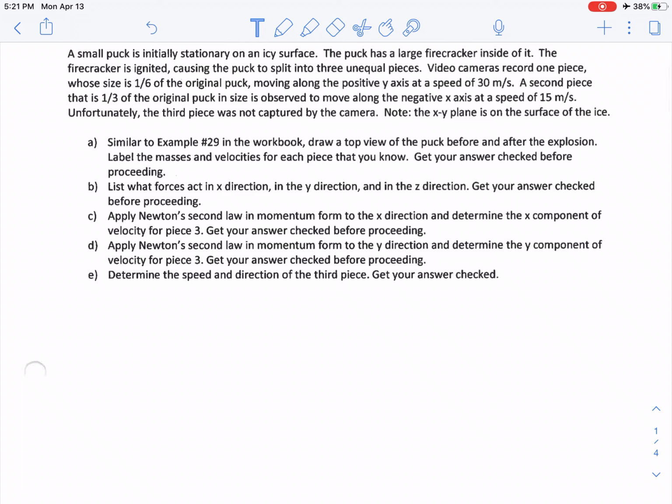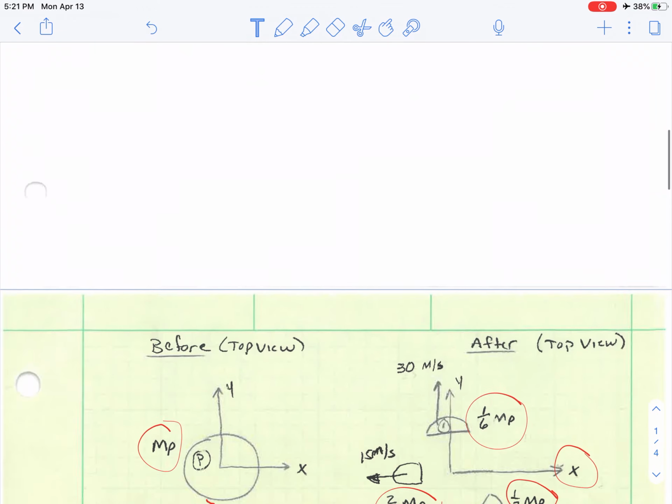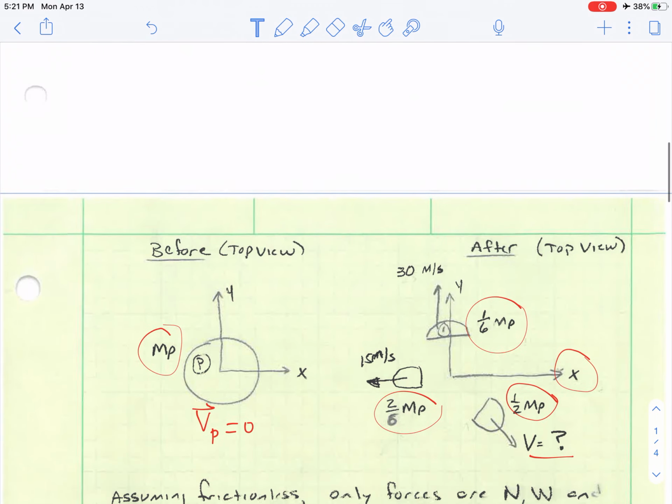Next, we are going to list what forces act in the x direction, in the y direction, and in the z direction. So this is the figure, and if you think about any forces on the xy plane, there are no forces, right? The only force is the explosion, but that is internal, so you don't show that on the free body diagram because only the external forces are shown.